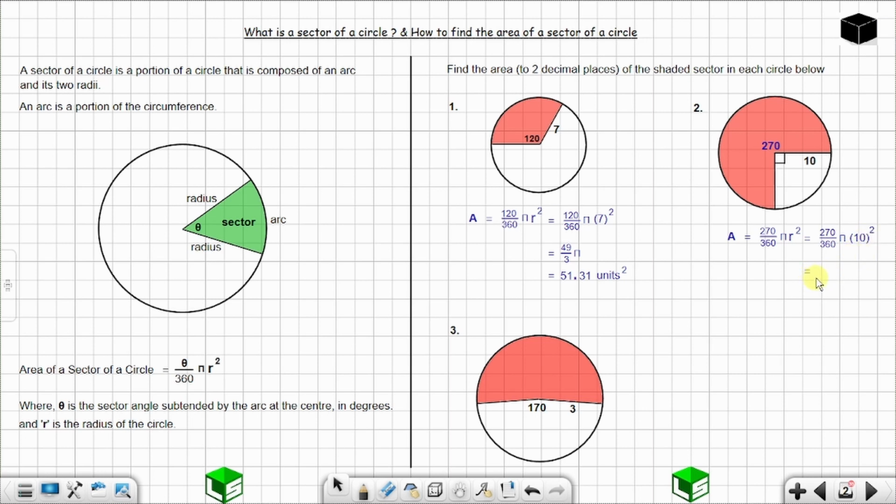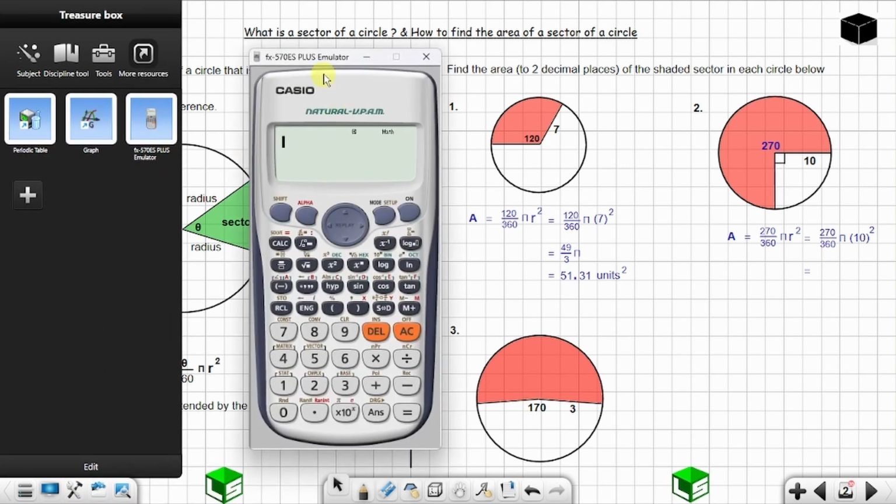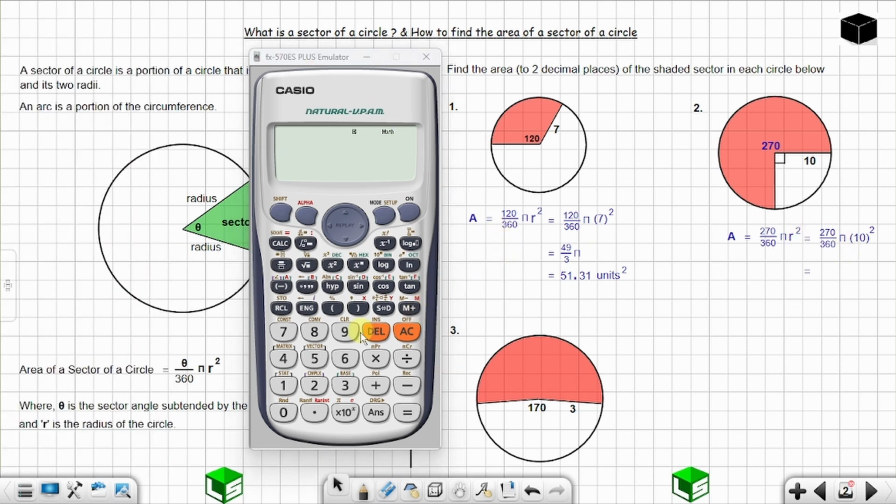When you plug this in your calculator, what do you get? You have 270 over 360 times pi times 10 squared. I hope you can follow.